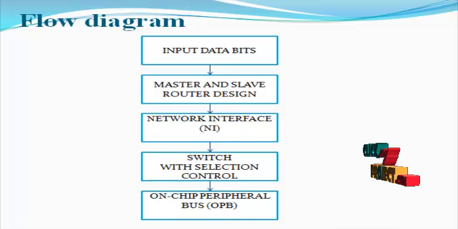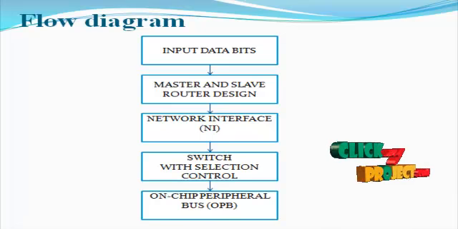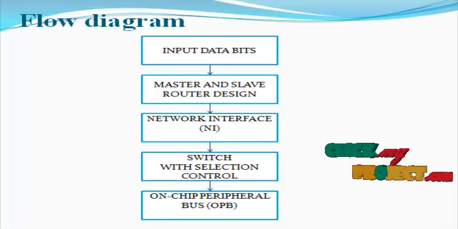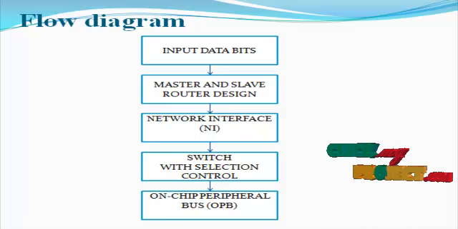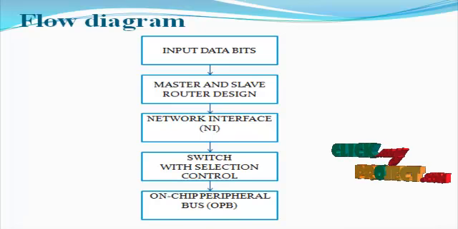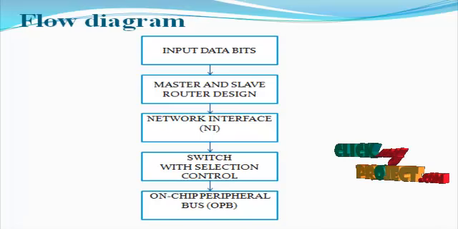Then the switch and selection control mainly transfers the network interface router data and selects any one of the selection controls based on the internal positions and external conditions. Then the selected output data is passed to each and every routing selection position. This selection position again passes the network interface conditions. This network interface condition in turn applies to the 4 routing positions for the master and slave positions, then passes to the master external router.